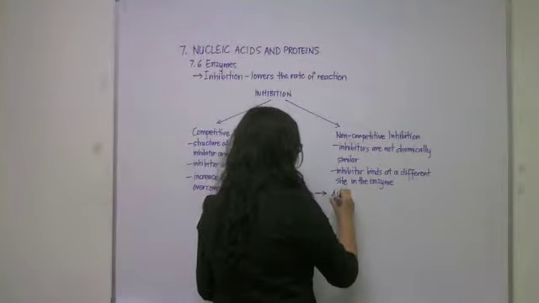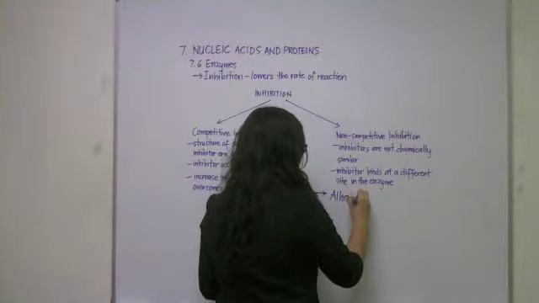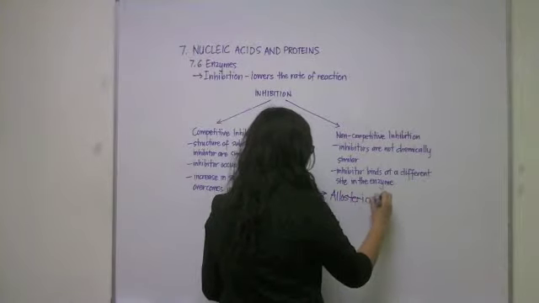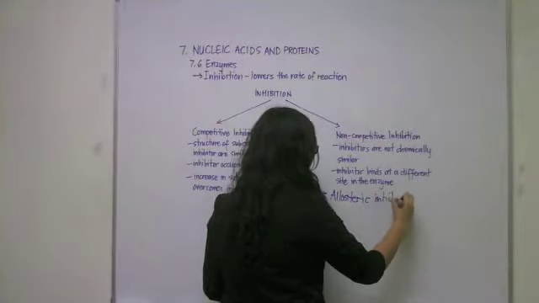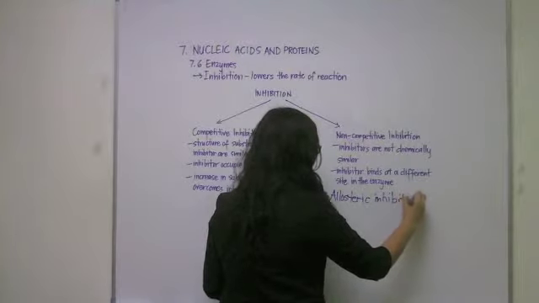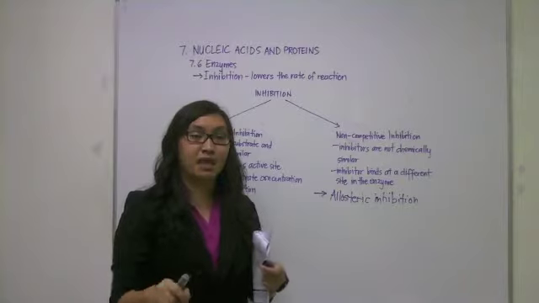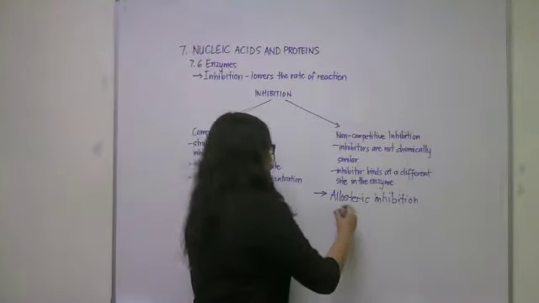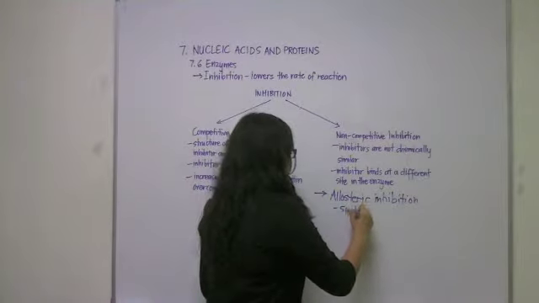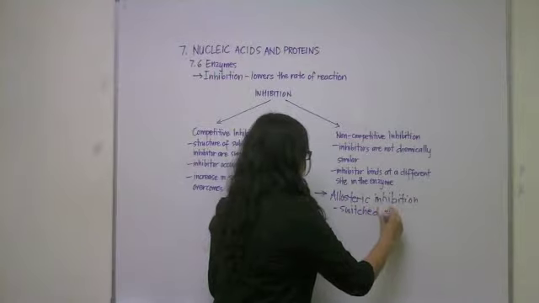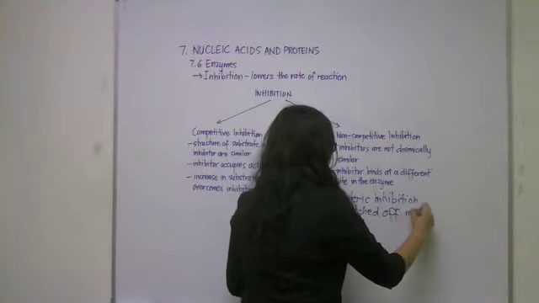Sometimes they would ask to give examples of non-competitive inhibition, an example of which is allosteric inhibition. When you say allosteric inhibition, this is when there is a metabolic pathway, and along that pathway there are some areas that are being switched off.